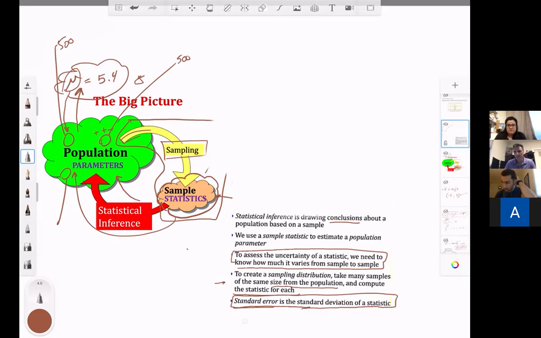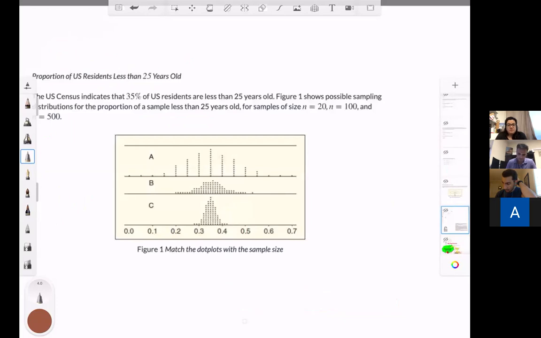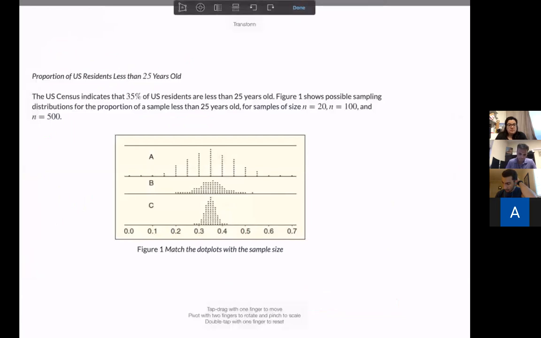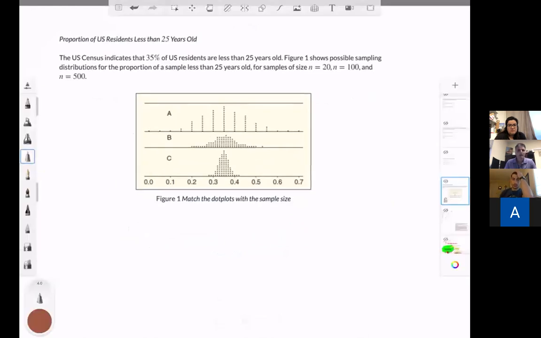All right, let's have one homework question. I think the first homework question that you're going to see is this one. The US Census indicated that 35% of US residents are less than 25 years old. So that's the population.